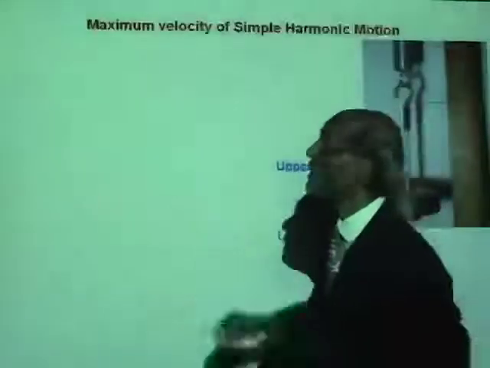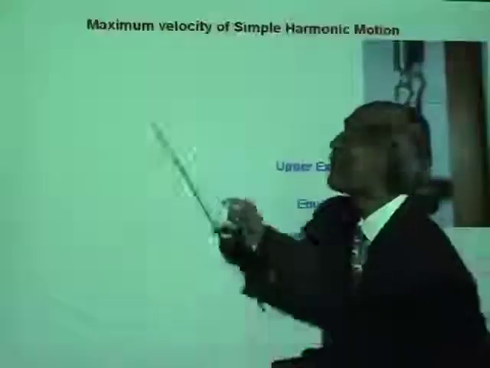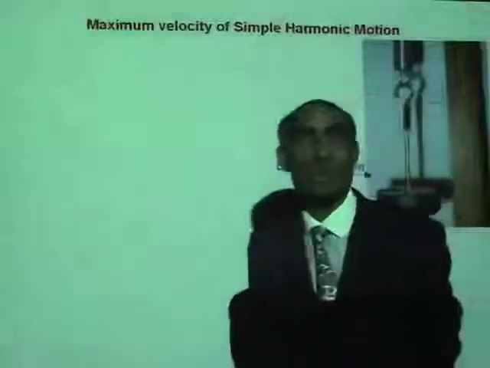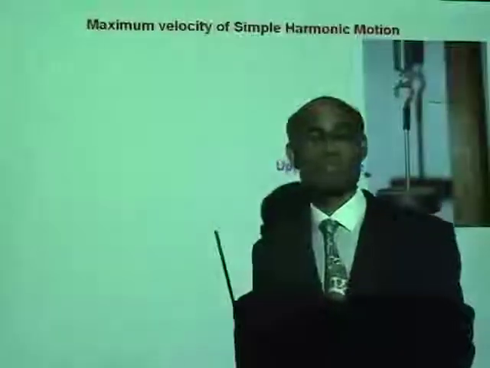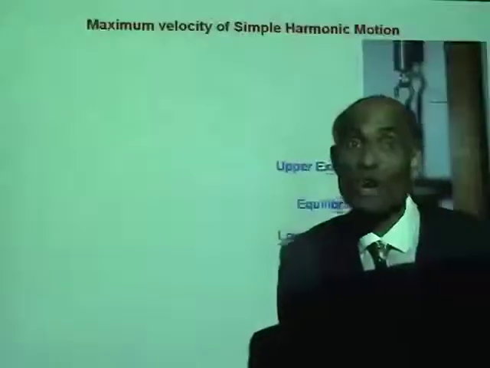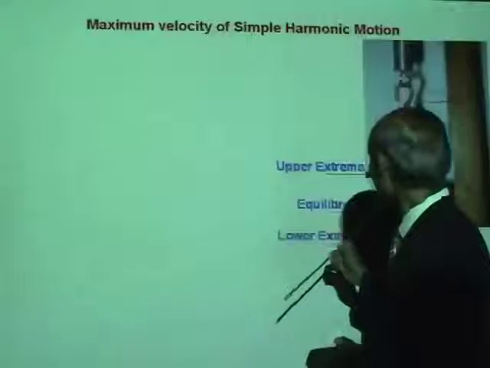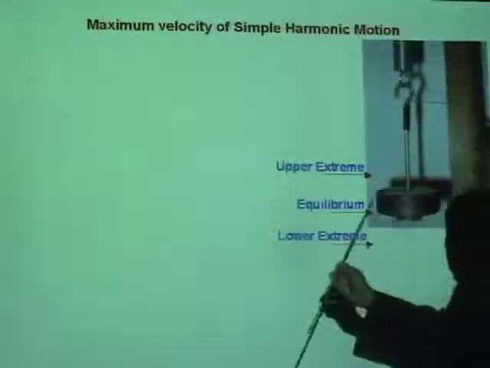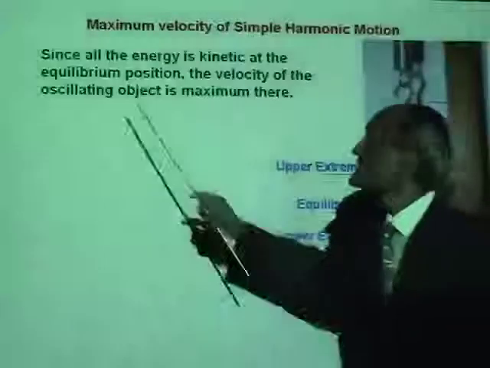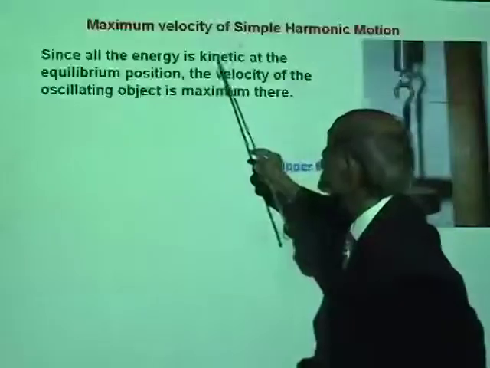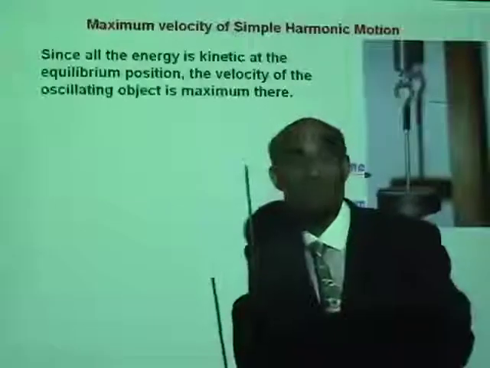Alright, let's now obtain an equation for the maximum velocity of a simple harmonic motion. Where does the maximum velocity occur? The maximum velocity occurs at the equilibrium position, since all the energy is kinetic at the equilibrium position.